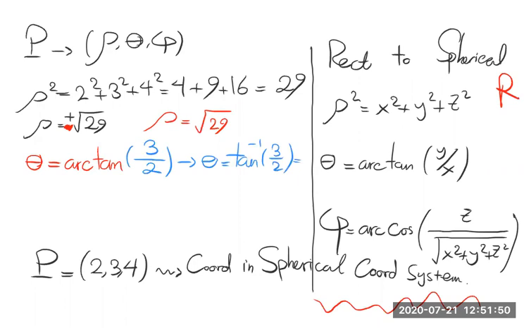What is arc tangent of 3 over 2? Let's see. Well, it's 0.9 radian. Oh, 56 degrees. Okay, thank you.